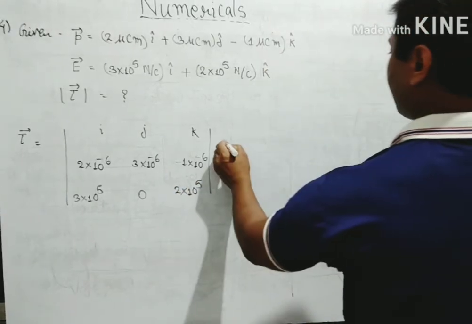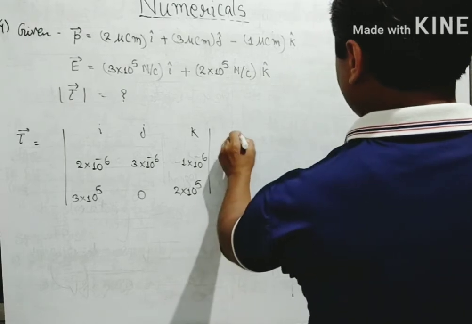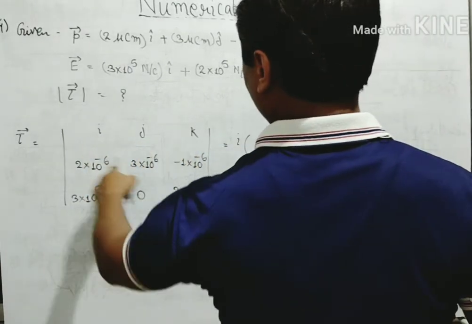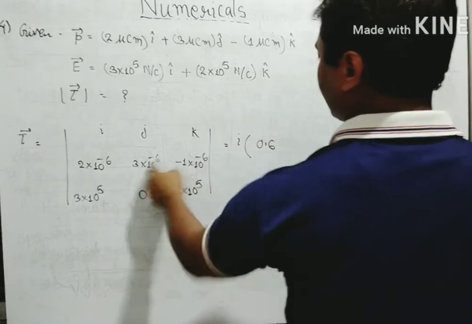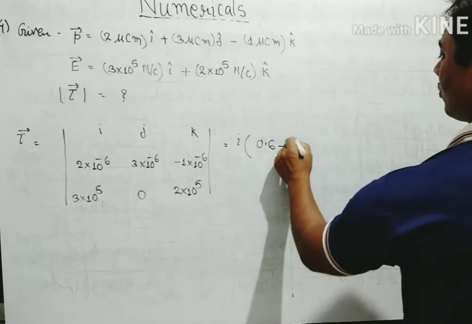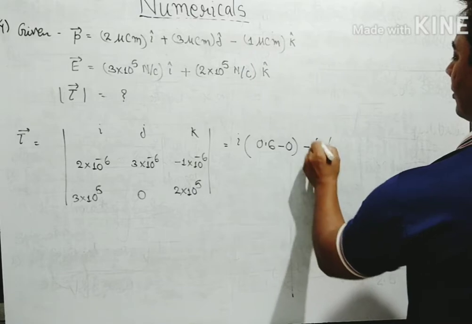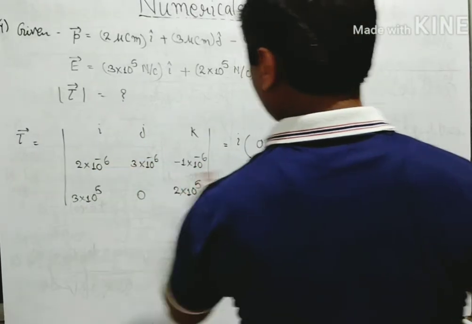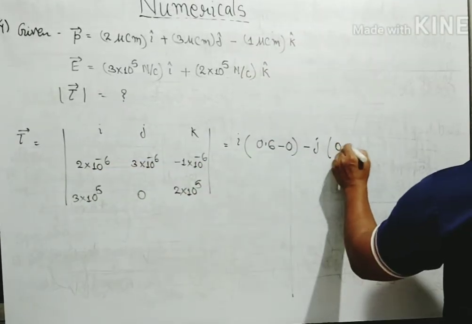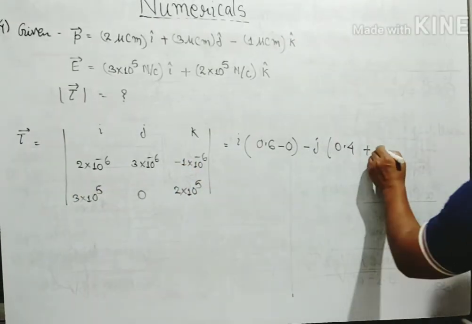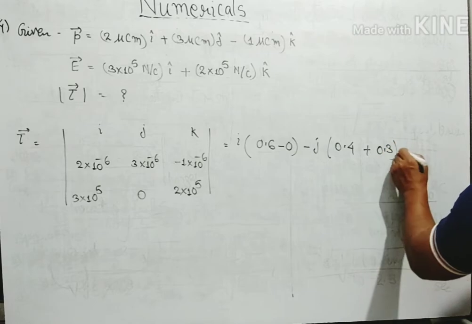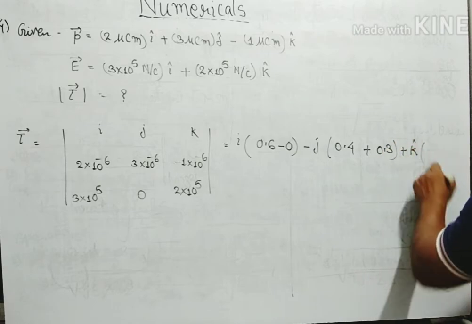So now let's have the solution part of this. So here it is i. Now 3 into 6, 0.6, minus 0, minus j cap. So this is 2 into 4, 0.4, minus, plus 3, so this is 0.3... plus k cap.